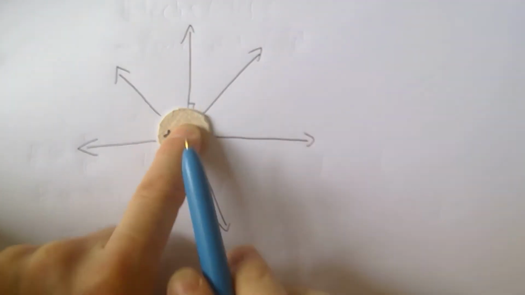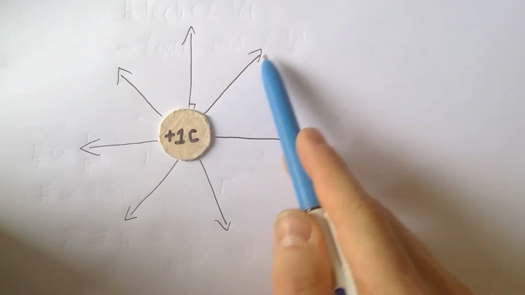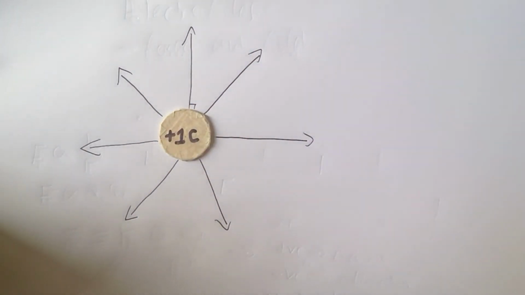So there's 90 degrees there. That's what the electric field around that charge would look like. Notice the field lines spread out as you go further away. The field lines getting further apart, the field gets weaker with distance. That's why the force between charged objects decreases with distance.